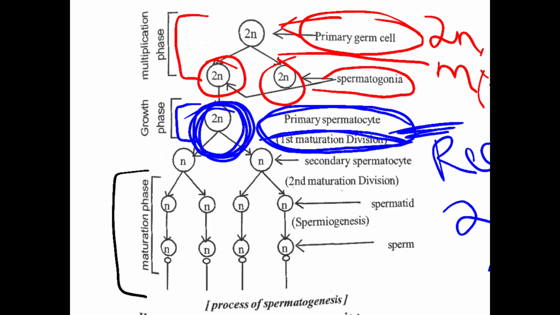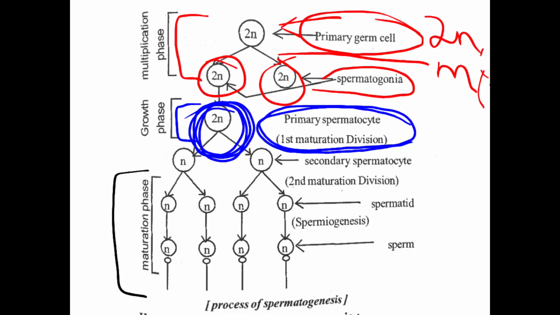Can you understand? That haploid cell is known as the secondary spermatocyte.